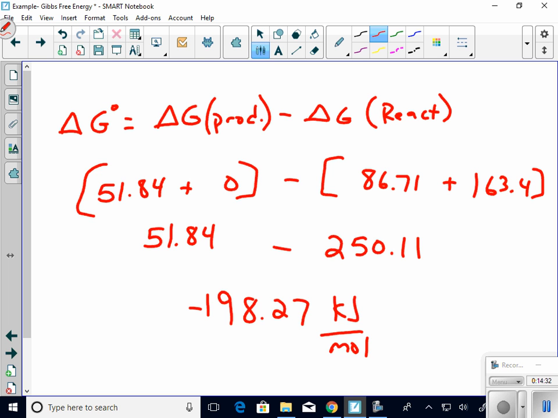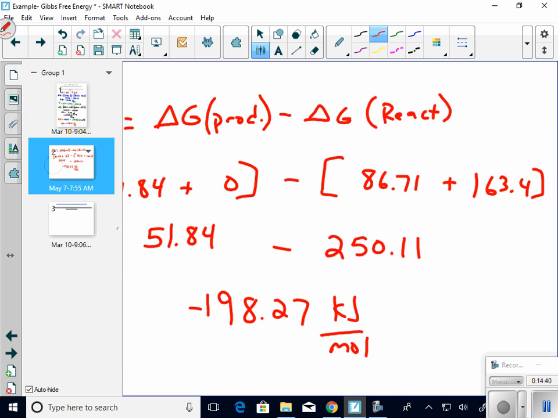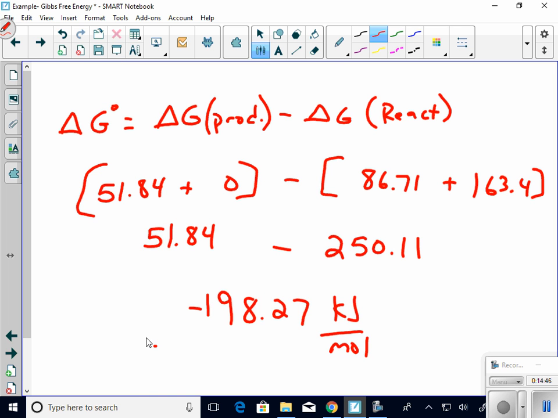Now, when I did it the other way, on the problem we just did, I get 198.83. So for this one, I get negative 198.27. Okay, so they were very similar in values.